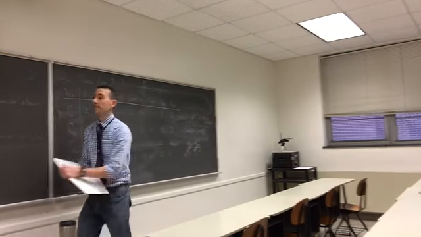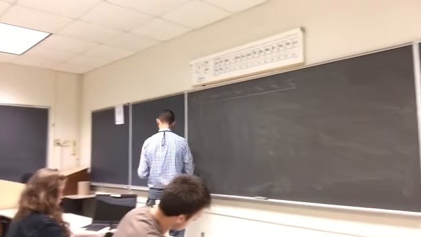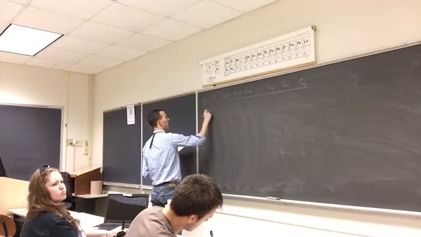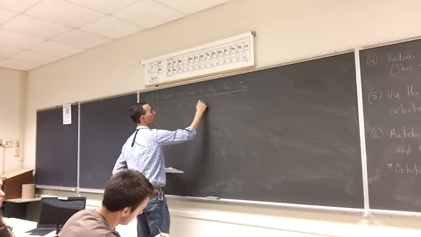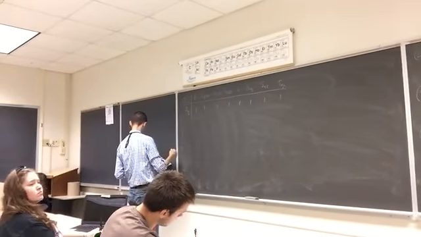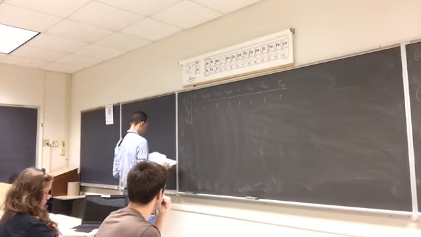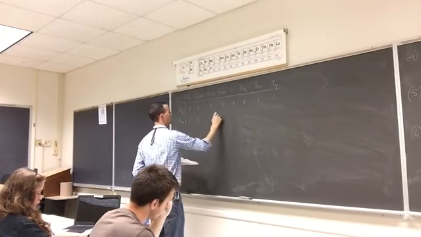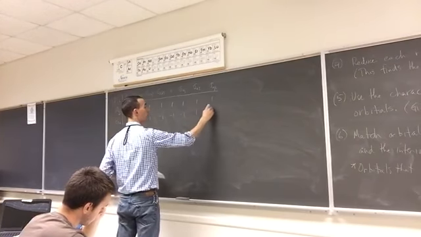Okay? And, in short order, the A1, or the AG, as it's called in this case, because there is a center of inversion, which would be all 1s. And then the B1U has 1, 1, minus 1, minus 1, minus 1, minus 1, 1, 1.